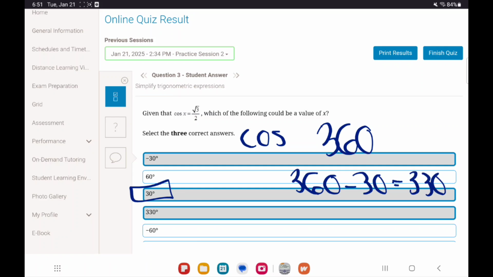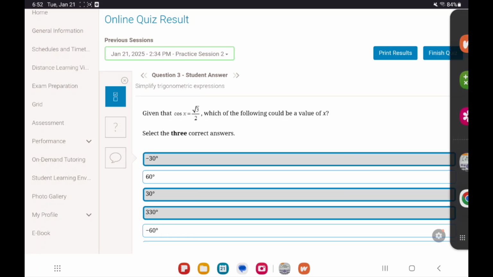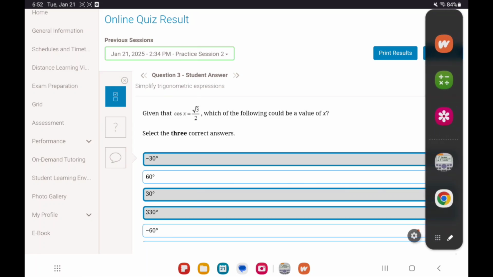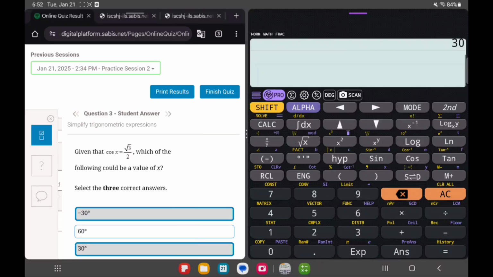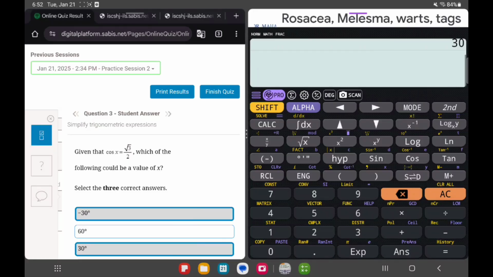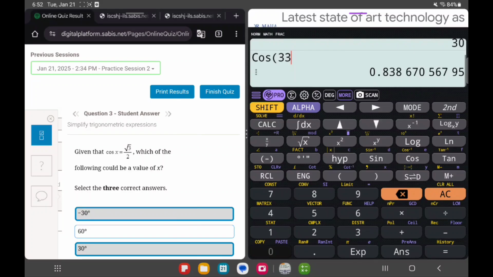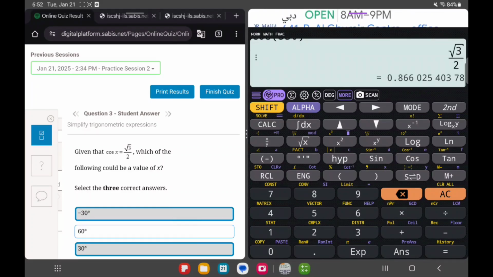And even if we do it on our calculator, let's do cosine 330. You get radical 3 over 2.